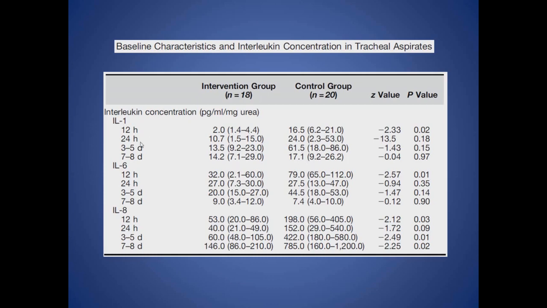But after 12 hours, at 24 to 48 hours, no difference between the groups in IL-1 and IL-6. But IL-8 continued to be much lower up to 1 week in the intervention group as compared with control.